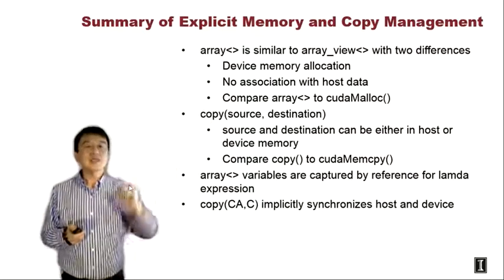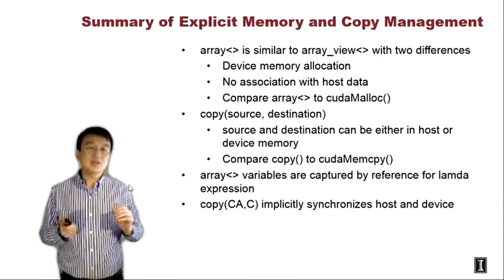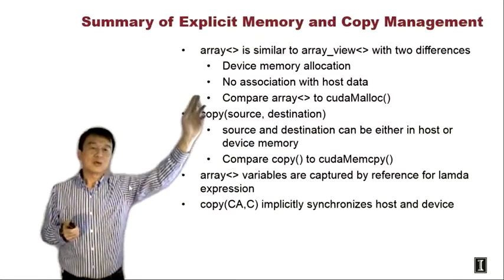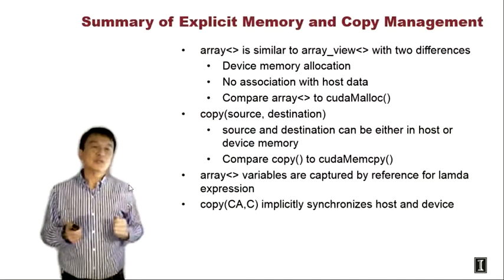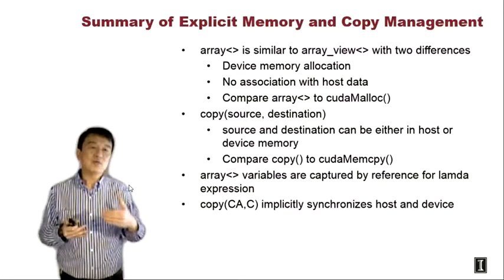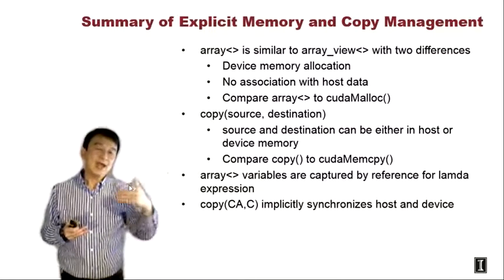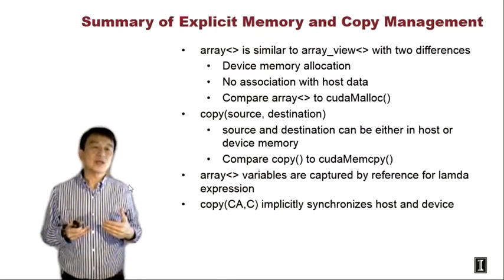And the second difference is that any variables that you declare with the array construct have no association with host data. Unlike array view, where every array view variable is really just another reference, a way to access existing host data.